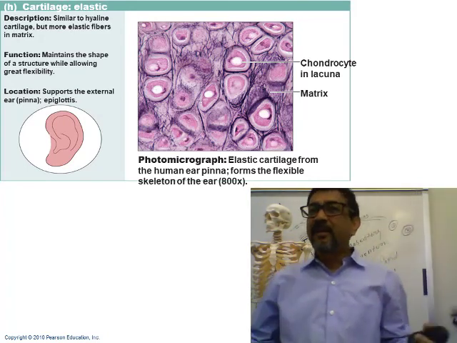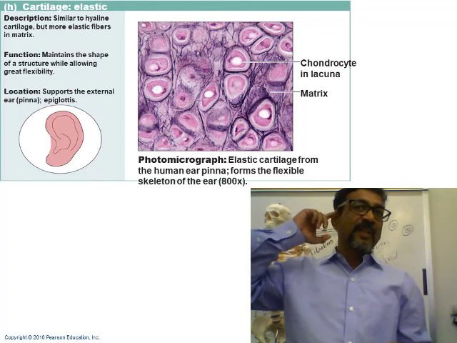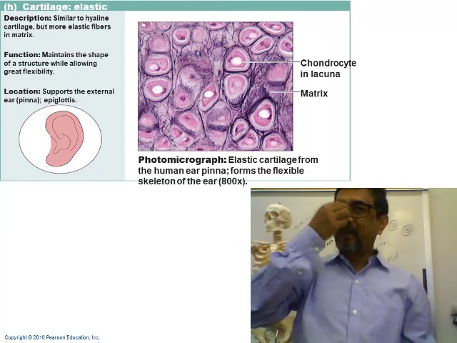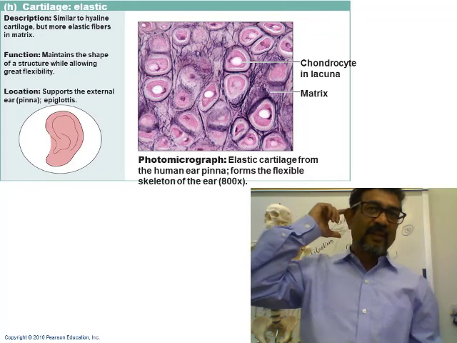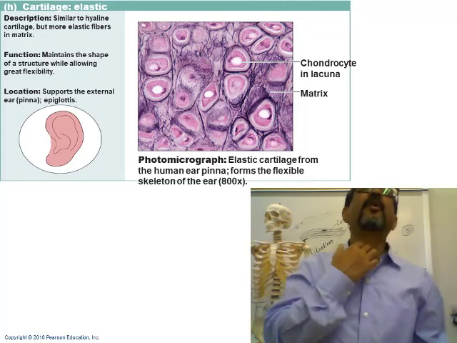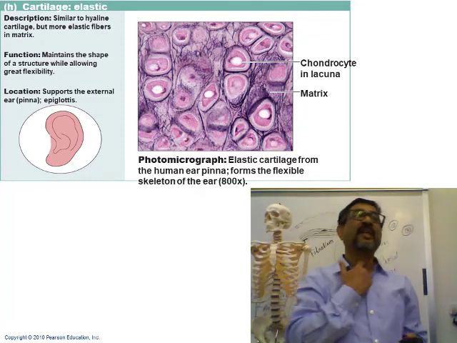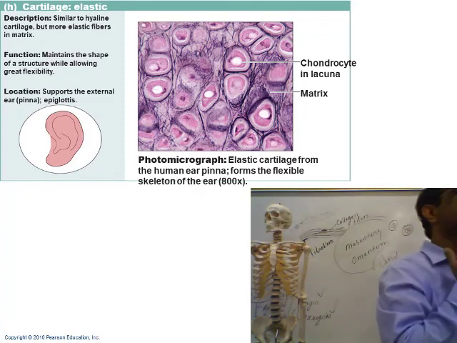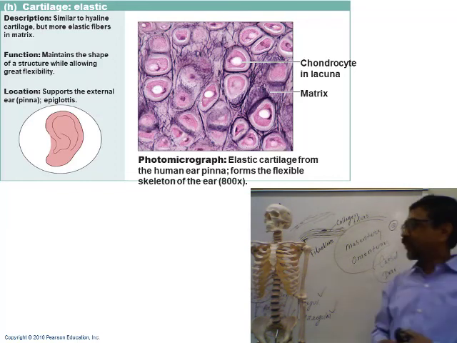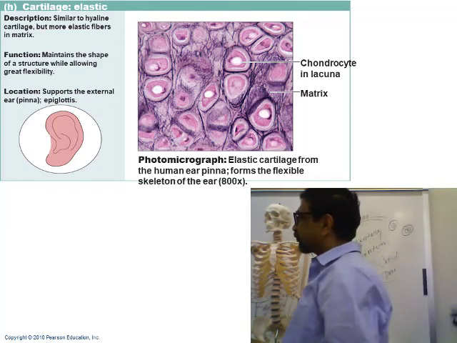You will find it in organs that have elasticity and flexibility, like the ear. I mentioned that, you remember? In the ear and the epiglottis, both start with E, ear and epiglottis. Inside the larynx you have the epiglottis, so those are elastic.